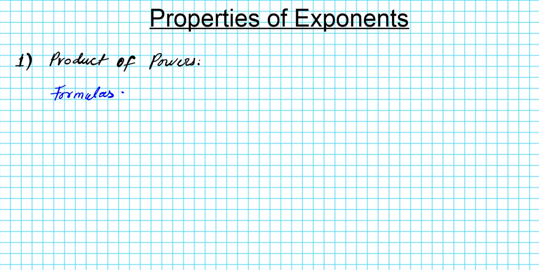Let's say we have x to the m times x to the n. The product of powers property just simply tells you that when you're multiplying exponents of the same base, you simply add the powers. Alright, so there goes the formula.